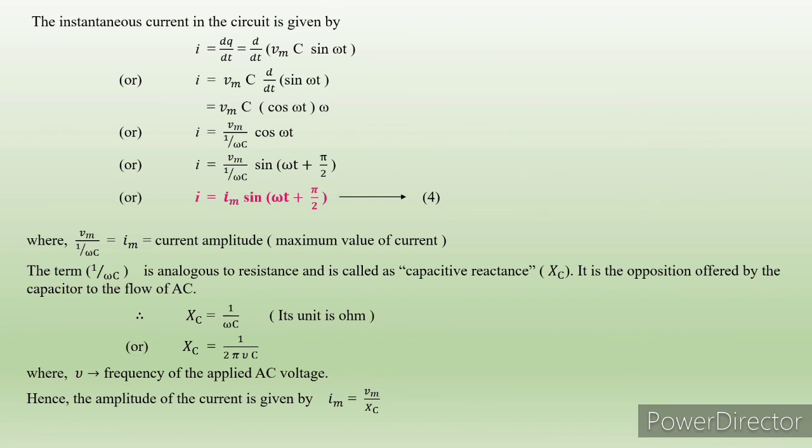Therefore, Xc is equal to 1 by omega C. Its unit is ohm, or Xc is equal to 1 by 2 pi nu into C, because omega equal to 2 pi nu, where nu represents the frequency of the applied AC voltage. Hence, the amplitude of the current is given by Im is equal to Vm divided by Xc.